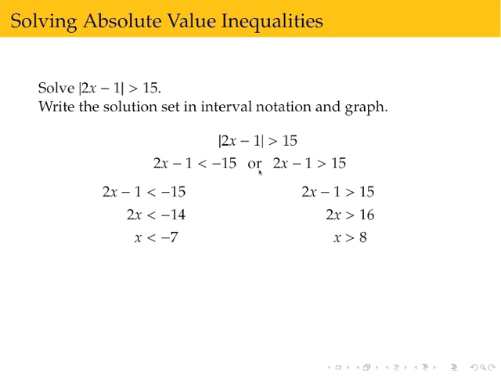These first two were connected with an or, so x is less than negative 7 or x is greater than 8, which gives us, in interval notation, the interval from negative infinity to negative 7, union 8 to infinity. And there it is as a graph.